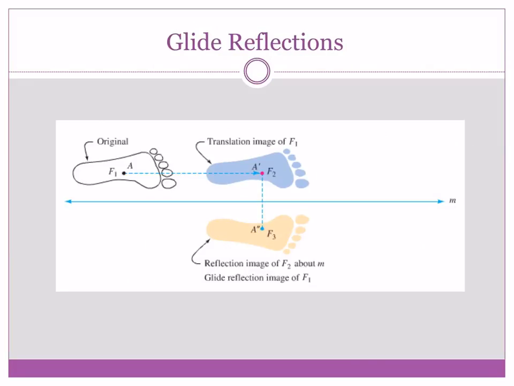All right, so there's the original image, the foot. You can't even see the third foot on ours. Oh, you can't? I barely can on mine too, yeah. All right, so you can see from the pre-image, the sort of hollowed out foot, it's translated to the blue foot, correct? And then it's a reflection across the line that's parallel to the way that it was translated.